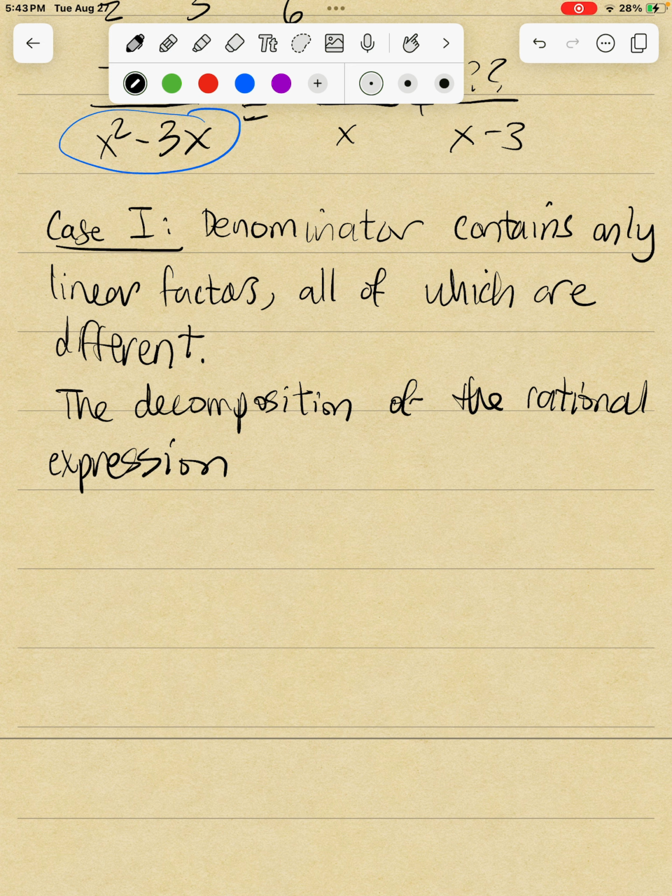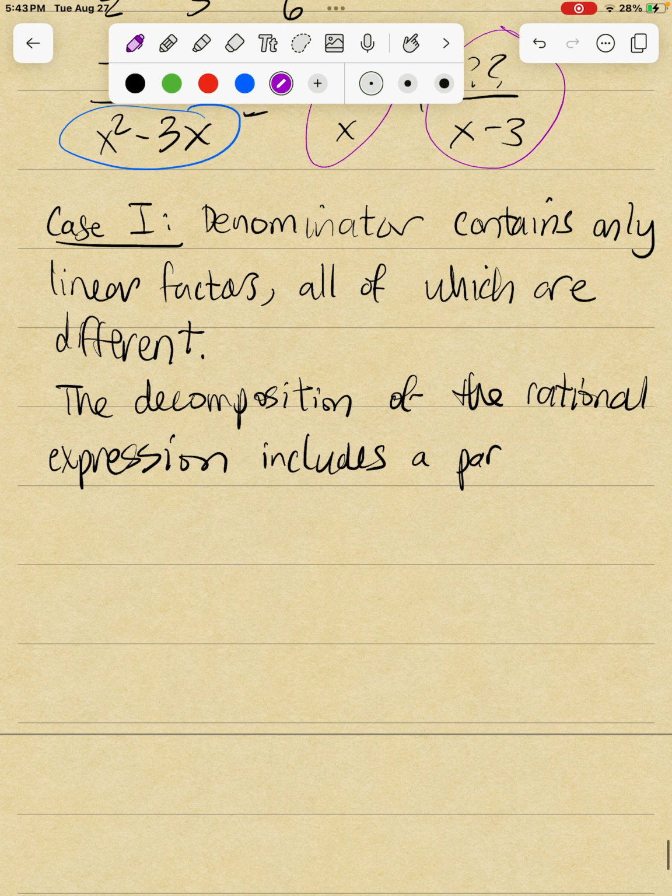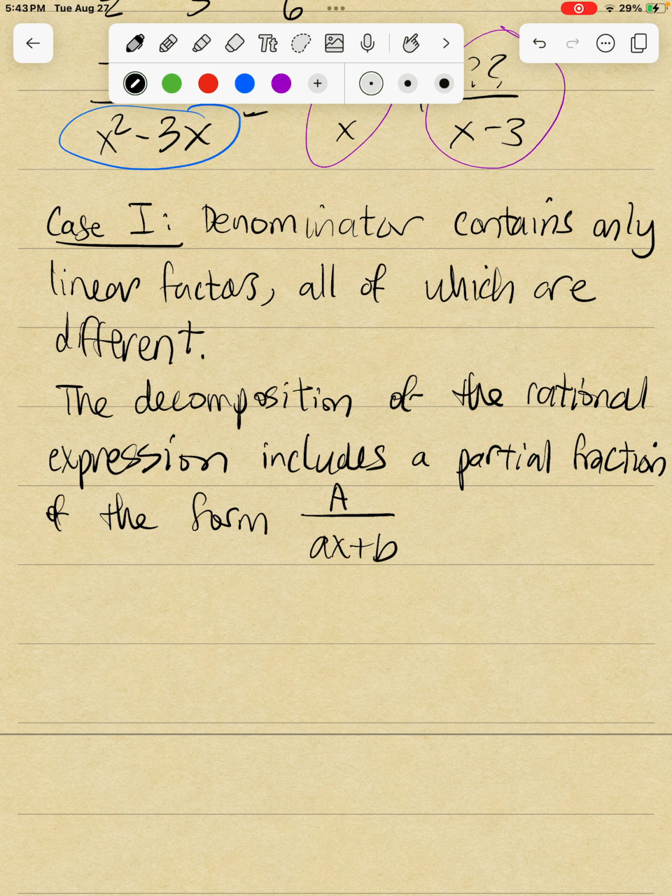So the rational expression decomposition includes a partial fraction. These are called partial fractions. It includes a partial fraction of the form a over ax plus b, where a is a real number.